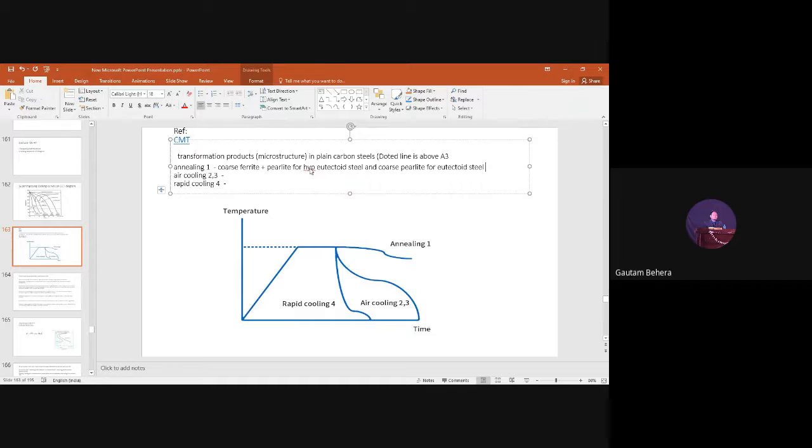Okay, let me again ask. Okay, Pratishika, can you answer this one? For this cooling curve, what will be the product? Fine pearlite, very good. Fine pearlite if it is eutectoid steel, and if it is hypoeutectoid steel, then what will form?